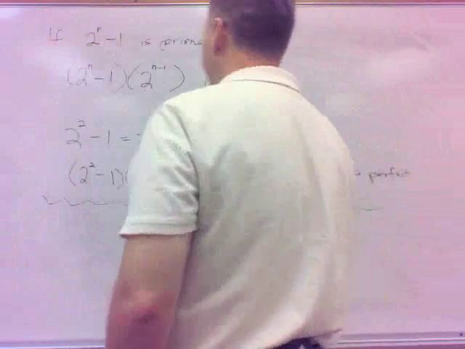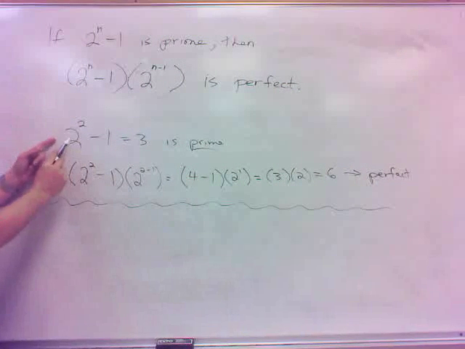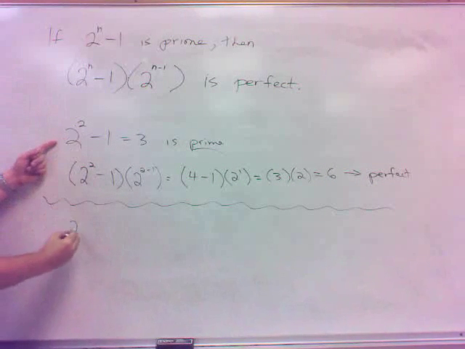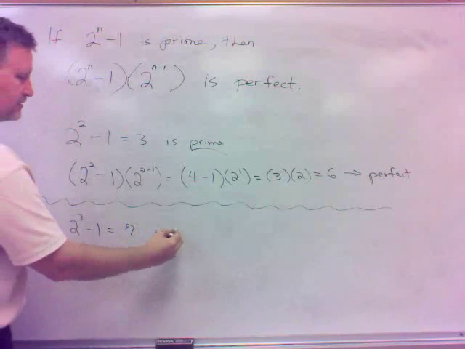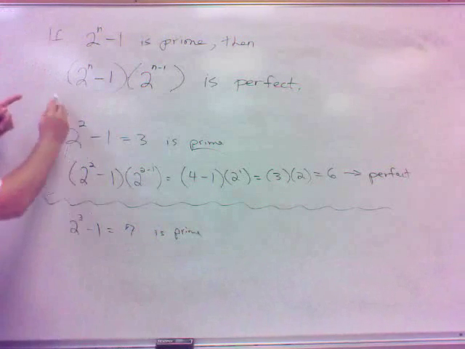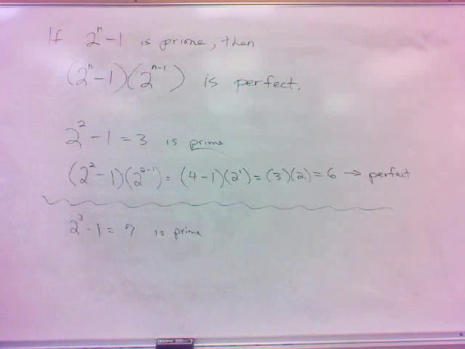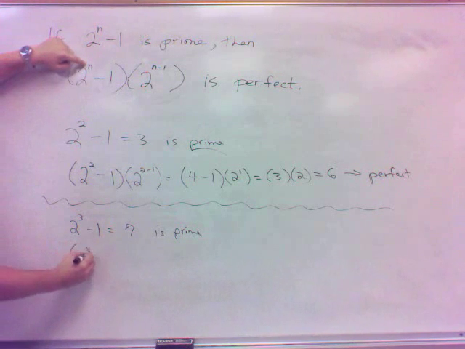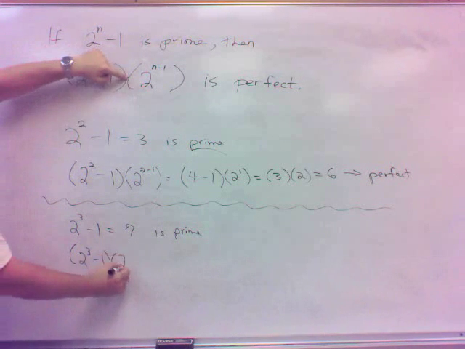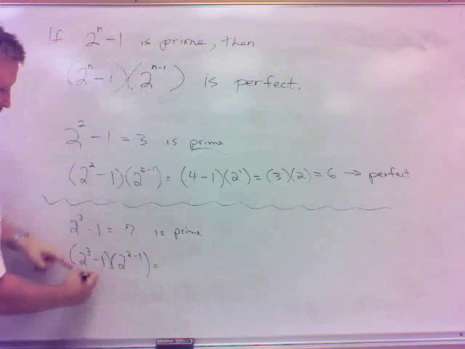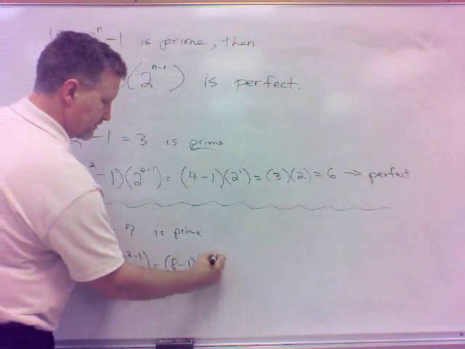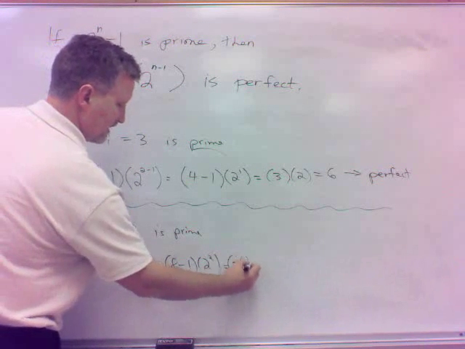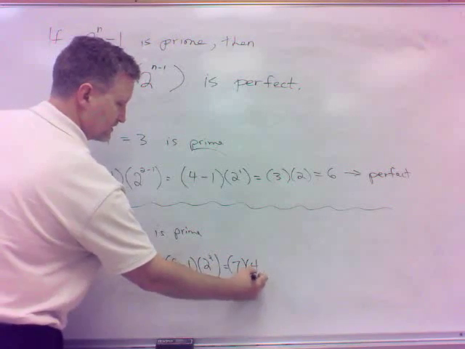Let's see if it works for the next one. All right, what's the next one that's prime this way? 2 to the third minus 1, which is 8 minus 1, which is 7. That's prime. All right, so what would this perfect part be? Well, it would be 2 to the third minus 1 times 2 to the 3 minus 1. 2 to the third minus 1 is 8 minus 1, which is 7, and then times 2 squared, which is 4.